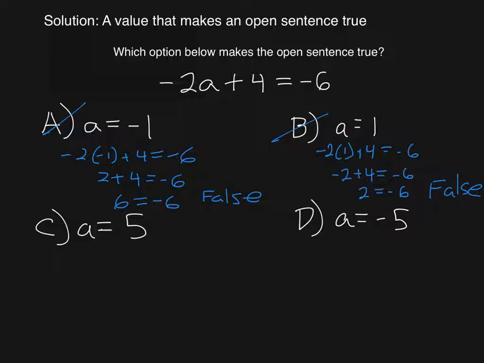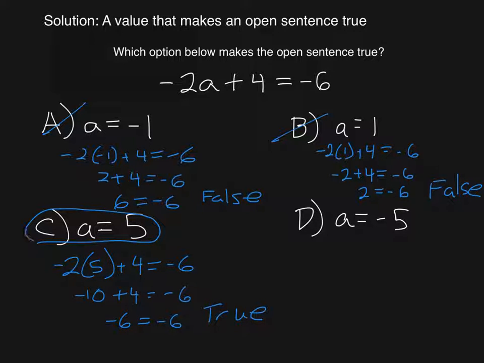Let's try a equals 5. Negative 2 times 5 is negative 10, plus 4 is negative 6, so negative 6 equals negative 6. This is a true statement. This is awesome. So here we have an answer.